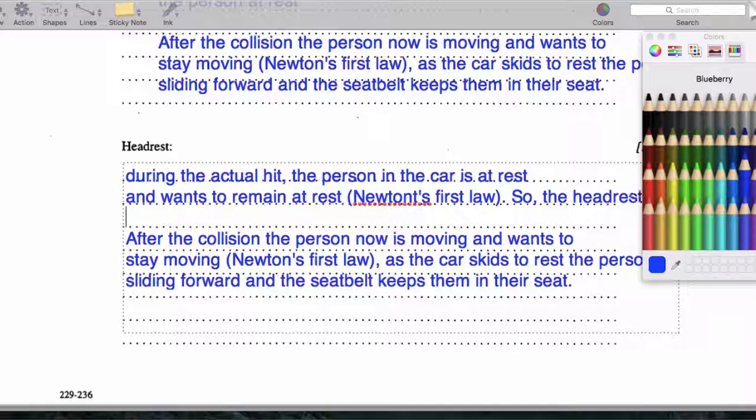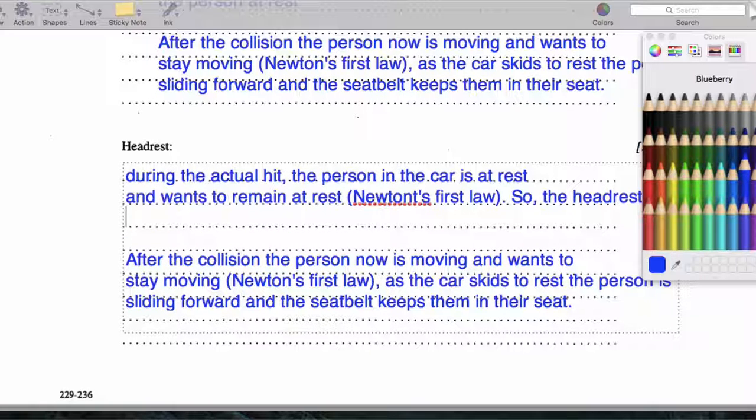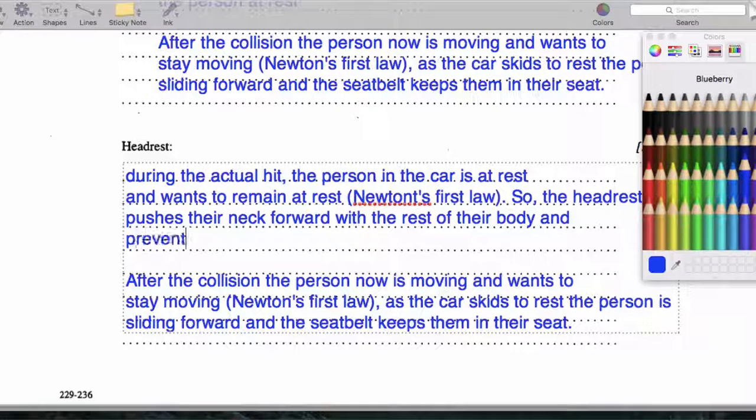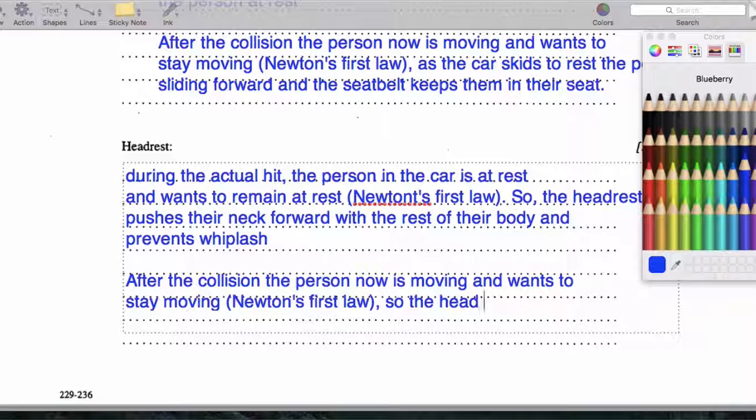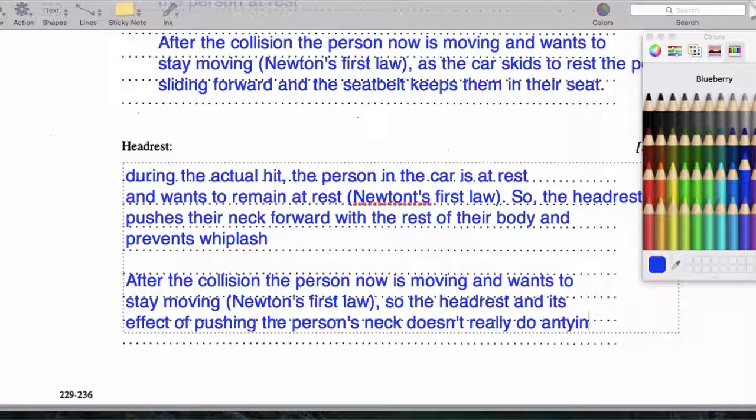The headrest pushes their neck forward with the rest of their body and prevents whiplash. After the collision, the person is moving and wants to stay moving, so the headrest and its effect of pushing the person's neck doesn't really do anything to protect them.